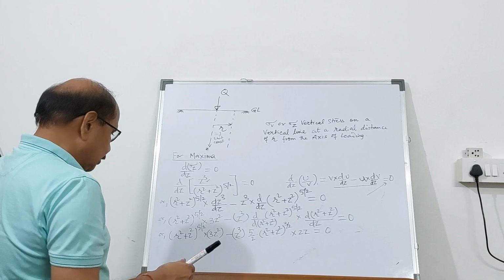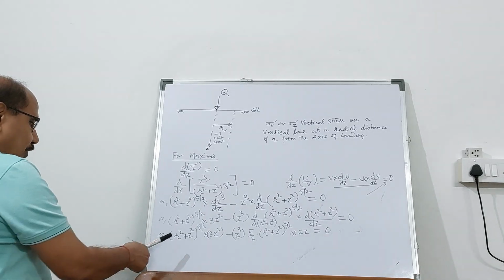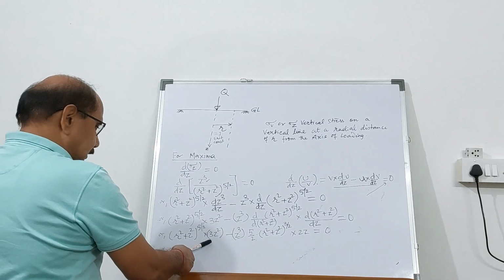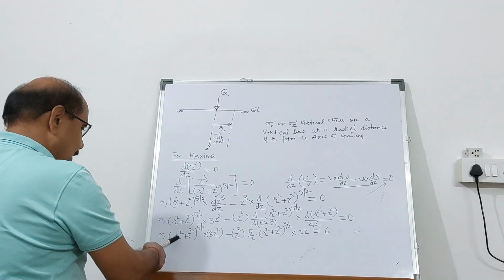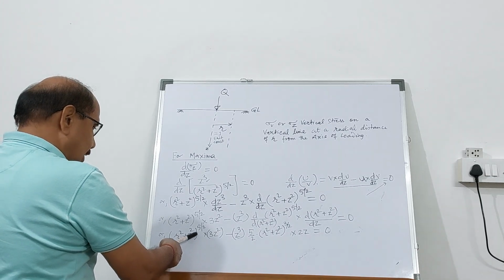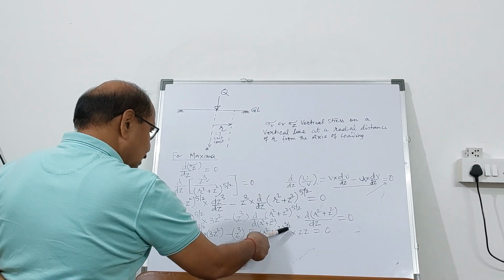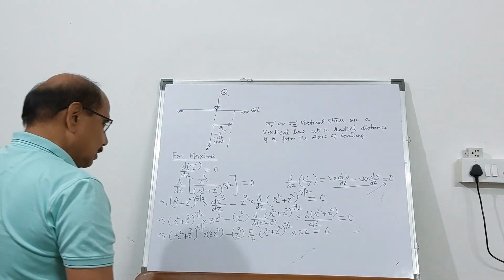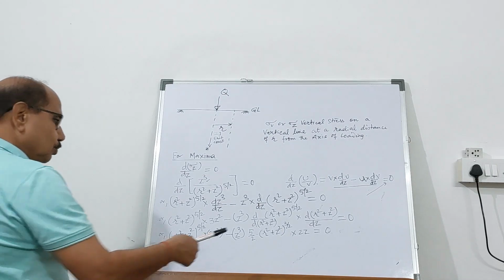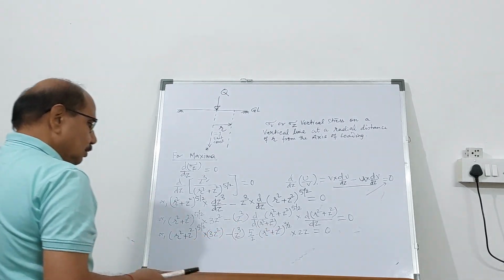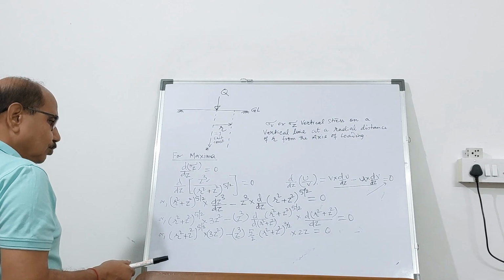from this expression. So here finally you have got r square plus z square to the power 5 by 2. Here you have r square plus z square into this 3 by 2.